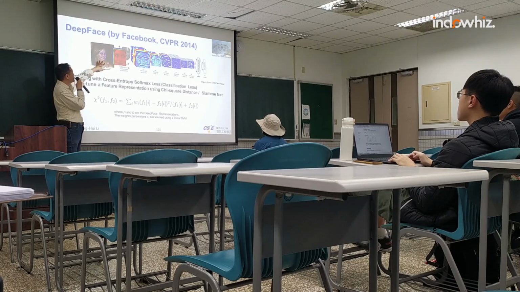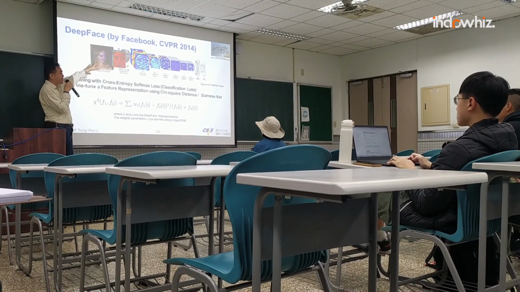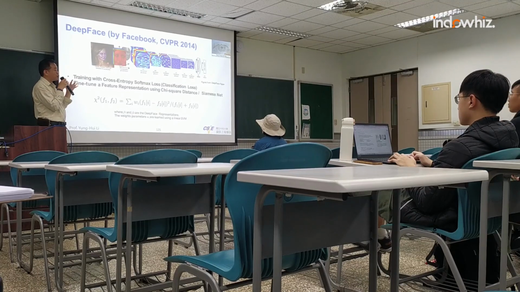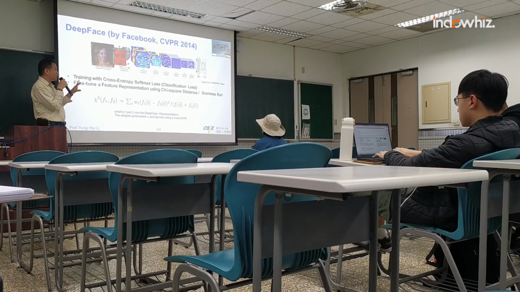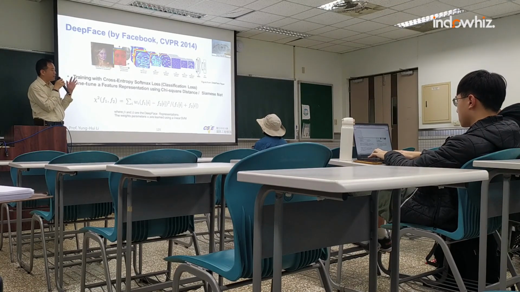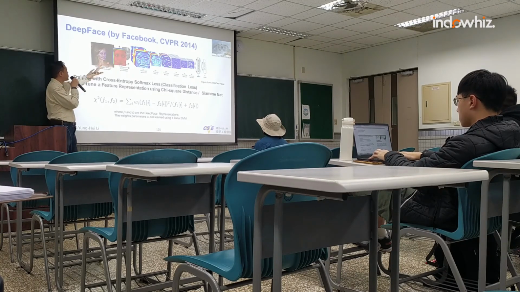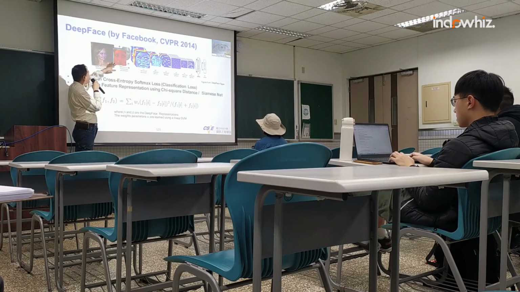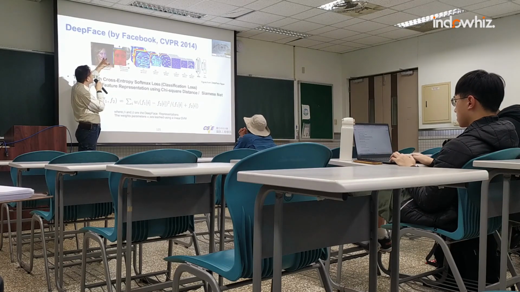So if the face is a profile face, not frontal, then using this 3D model you will be able to rotate this face and make it come to a frontal face. So it will perform normalization to transform this face into a face like this.